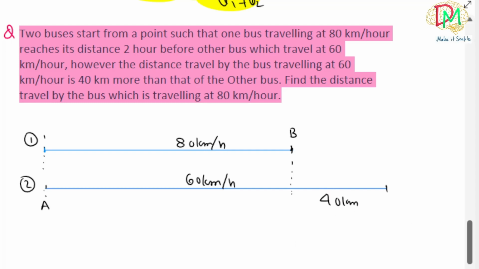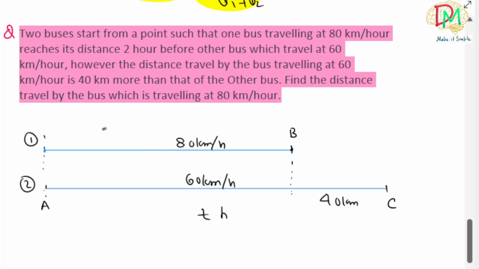Okay, but it is given that with the 80 kilometers per hour speed, the bus reaches its destination B 2 hours before the second bus reaches C. So let's consider the second bus travels T hours.